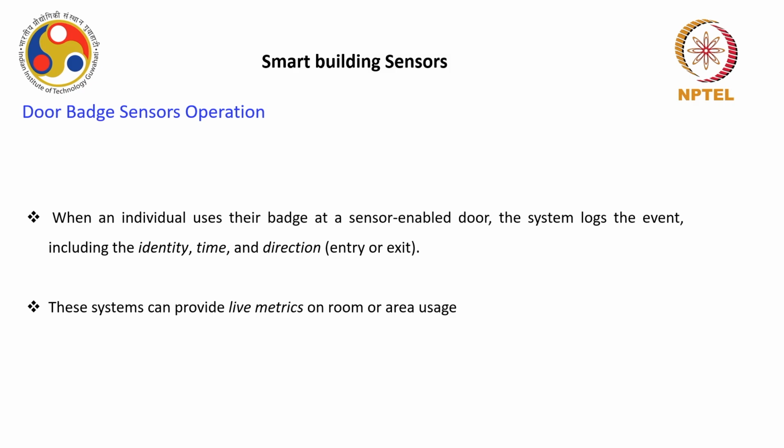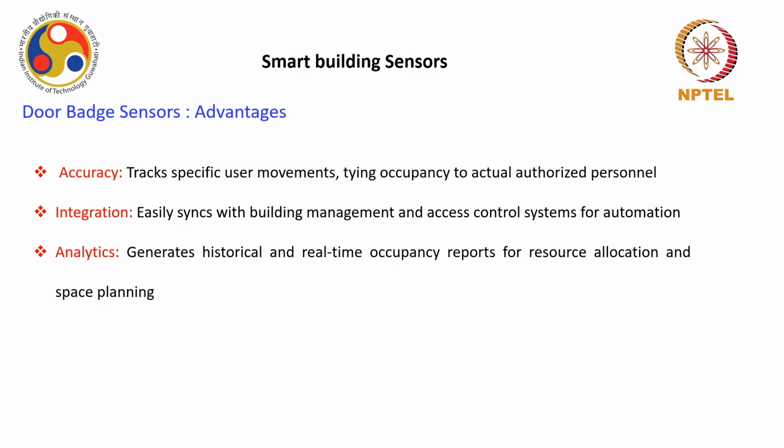When an individual uses their badge at a sensor enabled door, which is basically a reader, the system logs the event including the identity, time and direction. When I say direction, as I have mentioned, it's a binary device, so direction means the occupant is either entering the building or coming out of the building. These systems can provide live metrics on room or particular area usage.